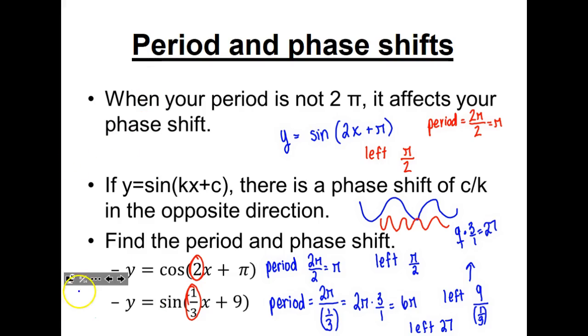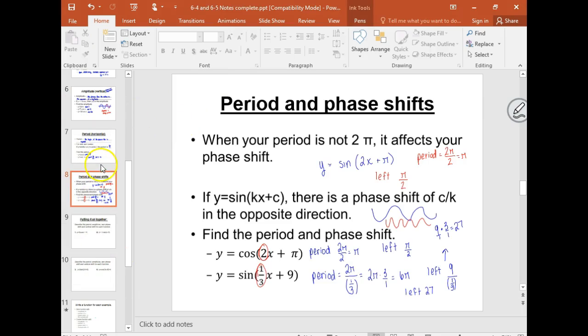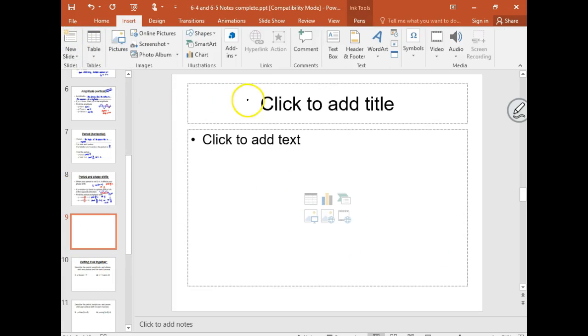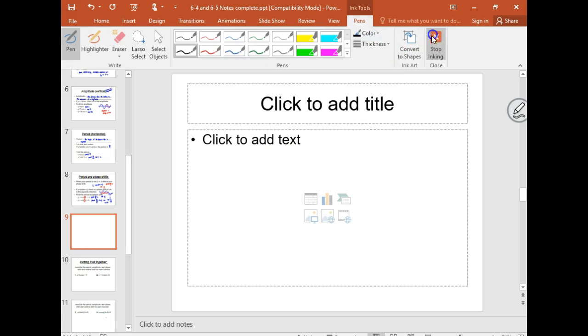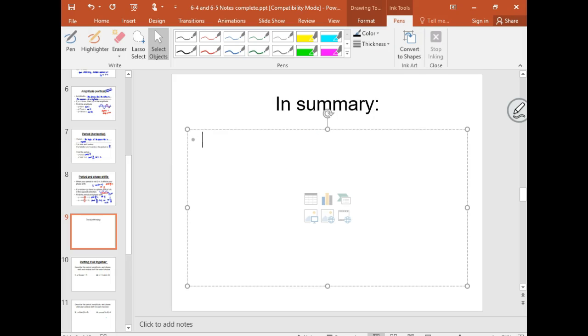Alright, before we do those next examples, I'm going to add in a slide here. I need to add an equation.